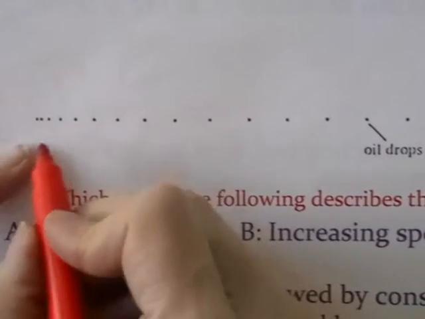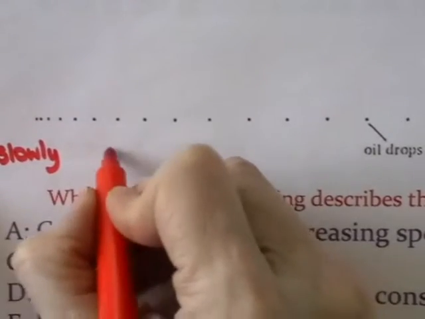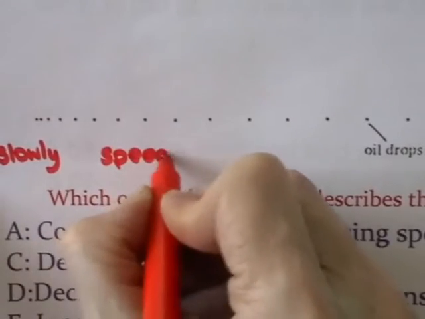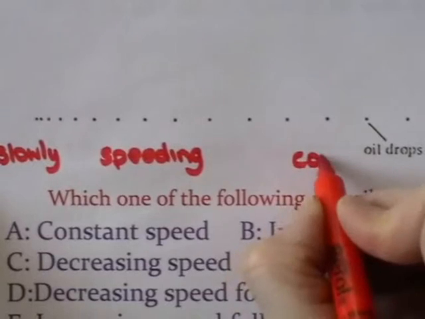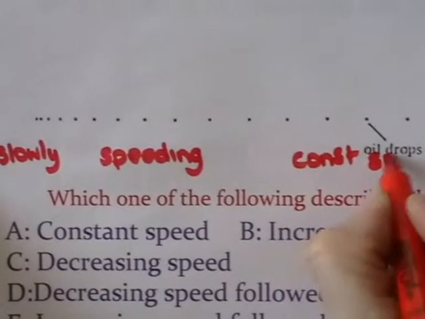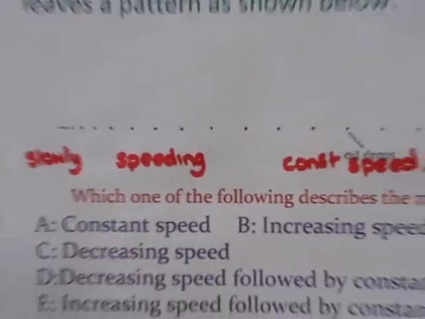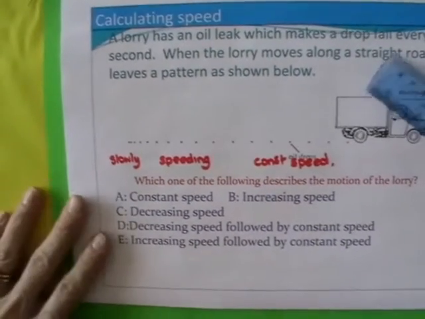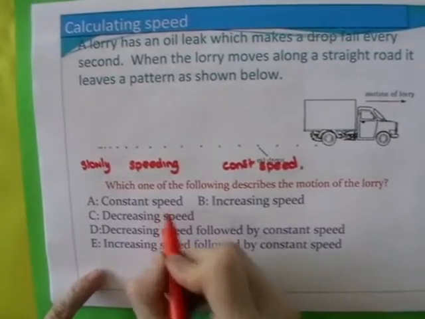So it's starting off slowly because the dots are close together. It's speeding up or accelerating, and then it has got a constant speed here, somewhere along here, and I'll just scan out again. So which one of these answers could describe the motion of our lorry? So it's not a constant speed.